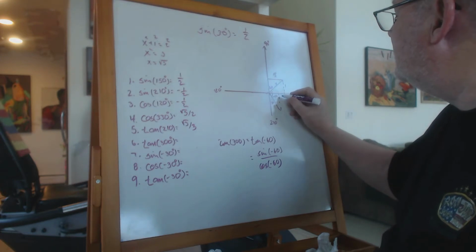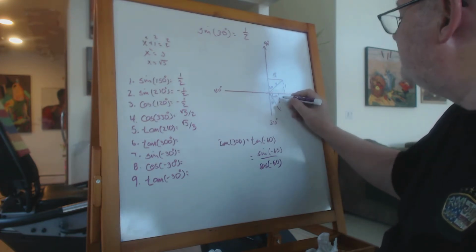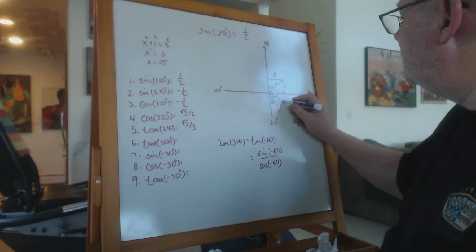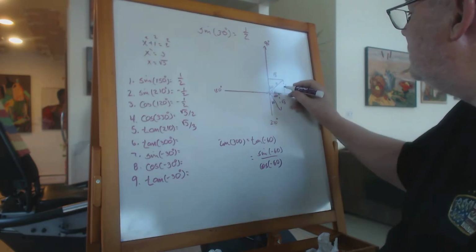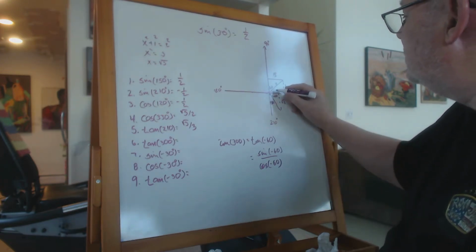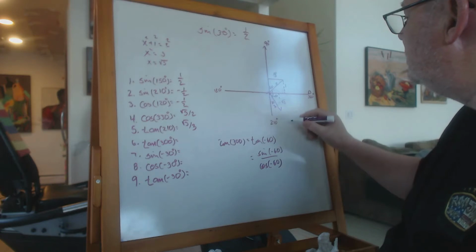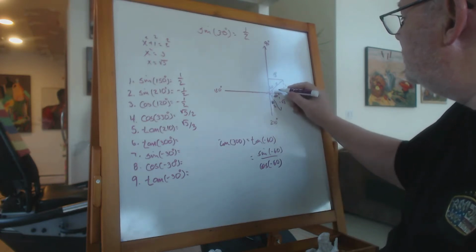Okay, this is going to be the square root of 3. This is 2. And this is 1.